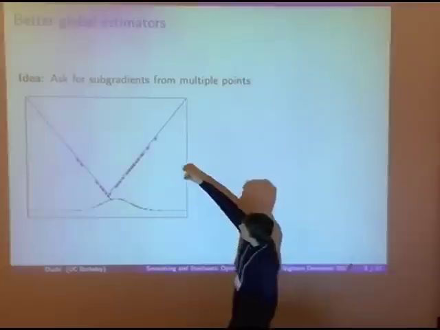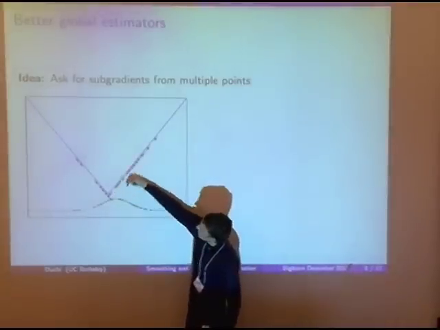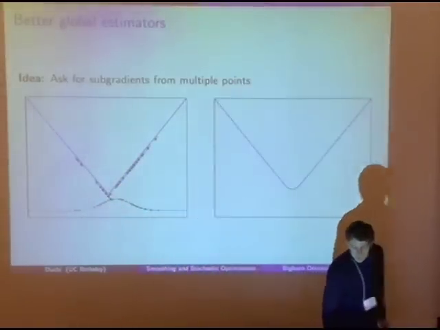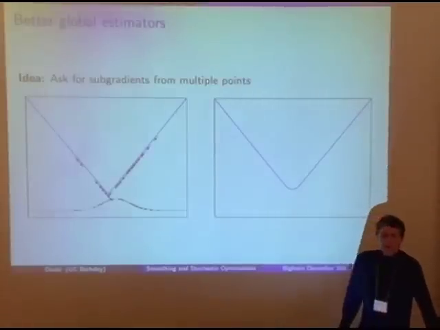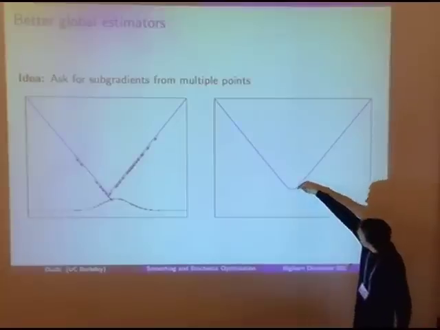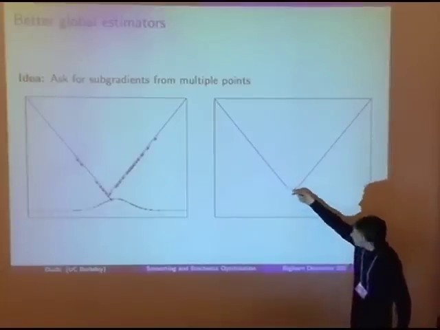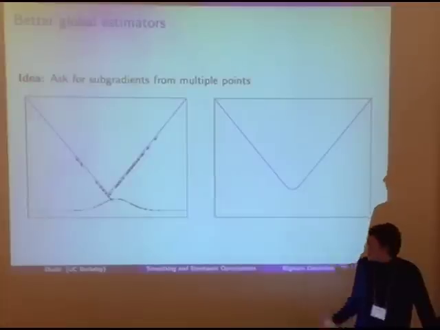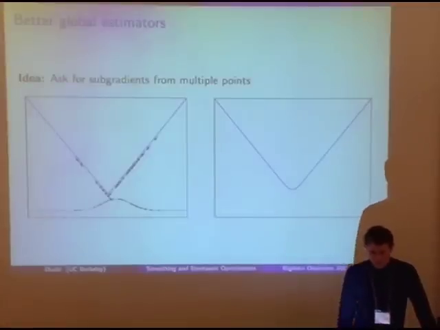Most of the observed gradients point this way, but enough point back this way that it effectively smooths out our loss function, and we get a much better picture of what the function looks like. Now if I ask for the gradient here, it's going to tell me don't go that fast when you go down. We can do this in parallel if we've got lots and lots of processors.